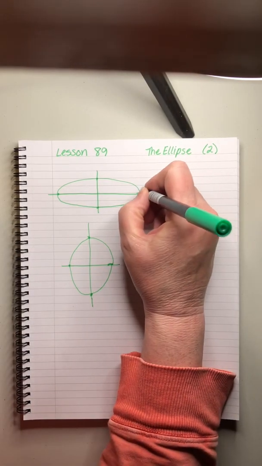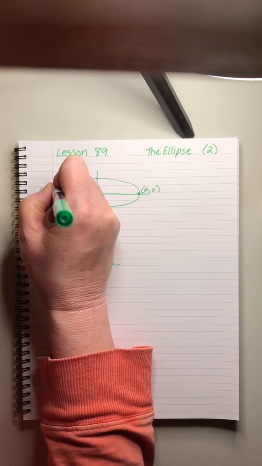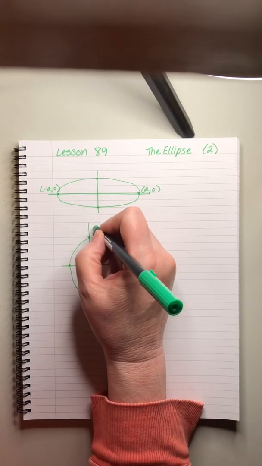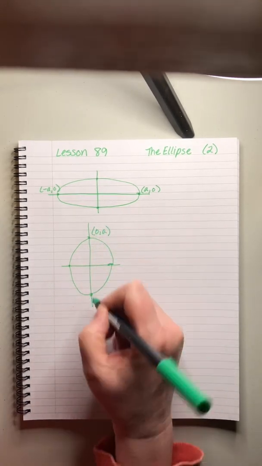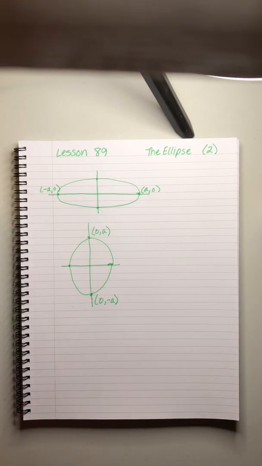So this point becomes (A, 0), and this point is (-A, 0). But in this one, this point is (0, A), and this point is (0, -A). So we still have to keep track of our X and Y conventions, right? In just basic graphing. Nothing fancy about that.